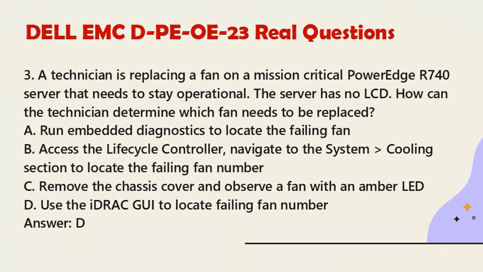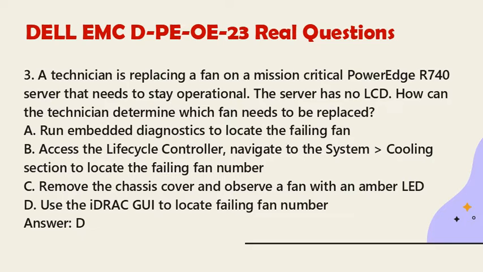3. A technician is replacing a fan on a mission-critical PowerEdge R740 server that needs to stay operational. The server has no LCD. How can the technician determine which fan needs to be replaced? A. Run embedded diagnostics to locate the failing fan.